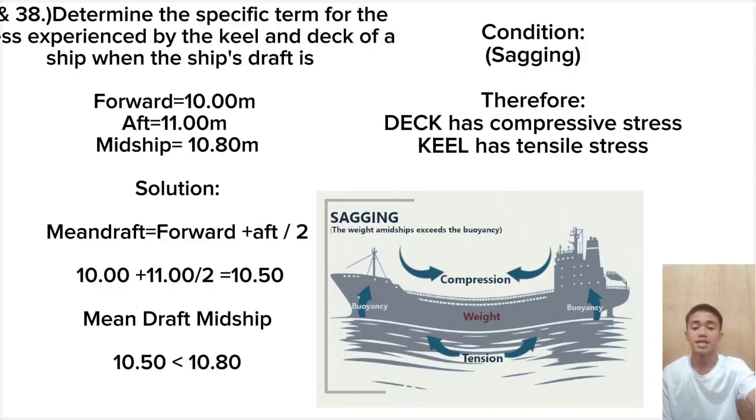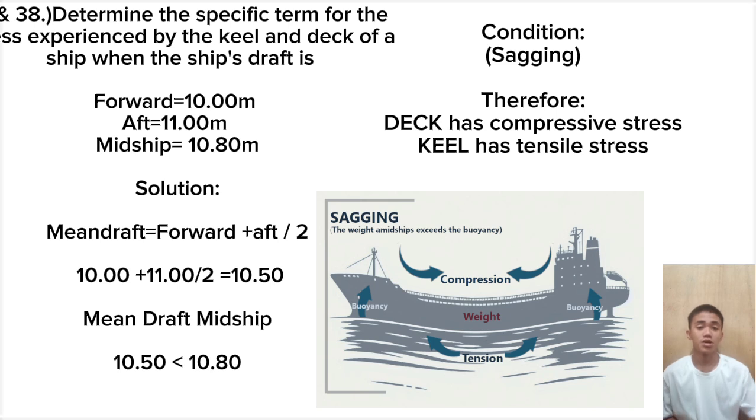So, let's analyze the specific questions in the final written exam, 37 to 40. First, you need to answer 37 and 38, by analyzing a specific draft condition. The scenario is forward is 10 meters and after is 11 meters.